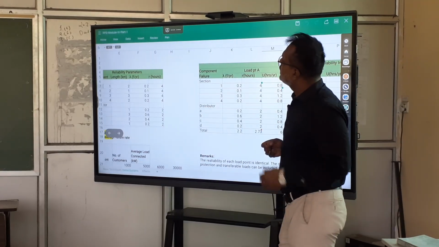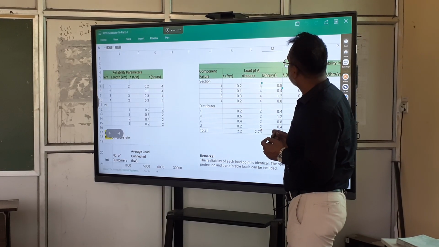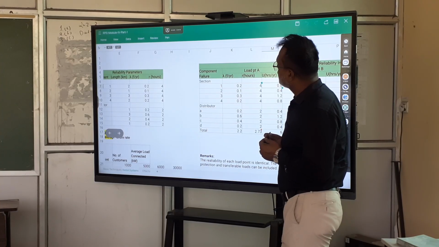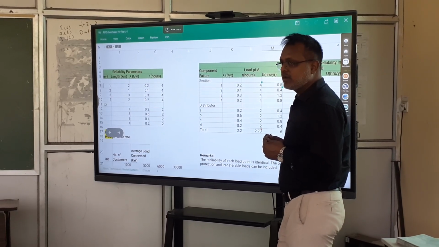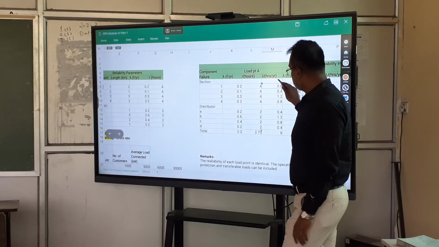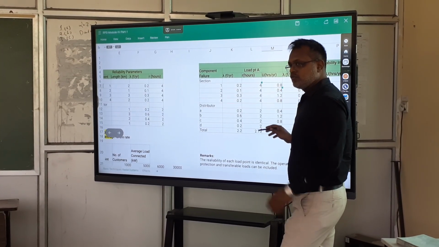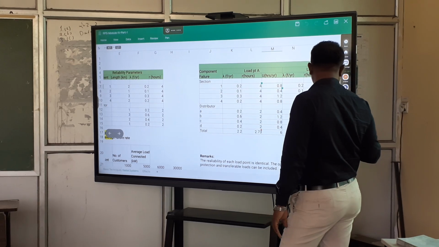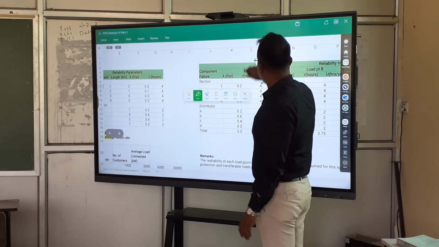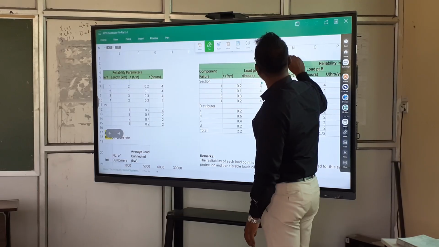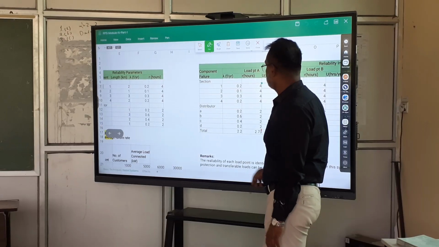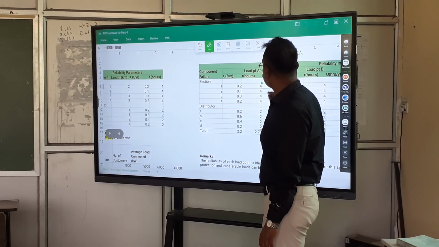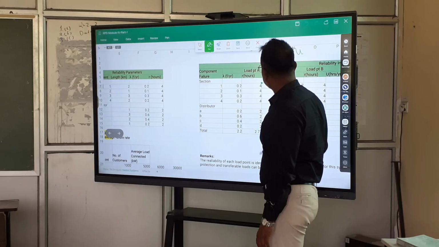So if you see here, lambda into r, summation of lambda i r. U equals the summation of lambda i r. Is that the formula for U? Yes. So we add it up. This is the value of U, and this is the value of lambda s.